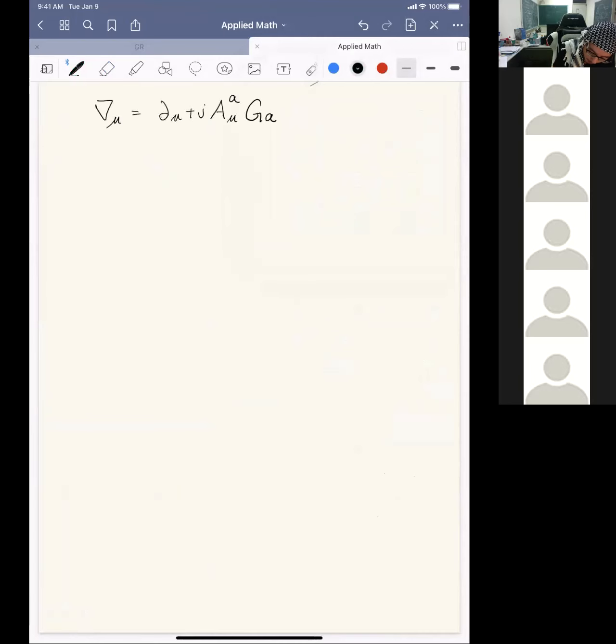And furthermore, my A mu prime is going to be equal to A mu. Sorry, I should really write this as the variation of it, because this is small.